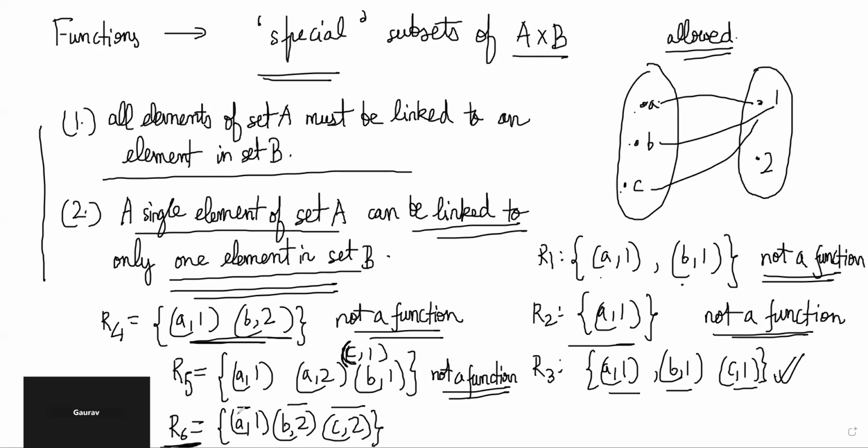Why? Because there is A1 and A2 and that is not allowed in a function, because you cannot have one single input and two possible outputs, right? So this is the set of possible inputs, and these are the set of possible outputs, correct? So that is the meaning of function from a set theory perspective.